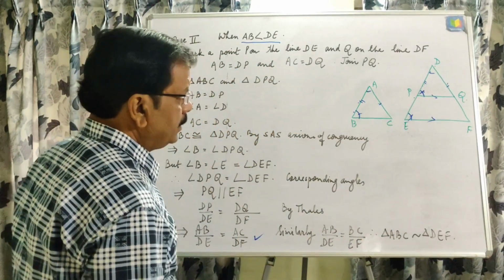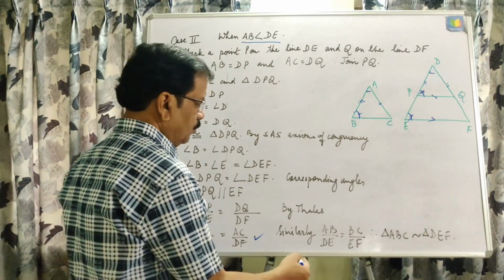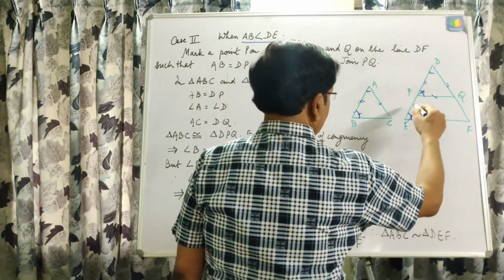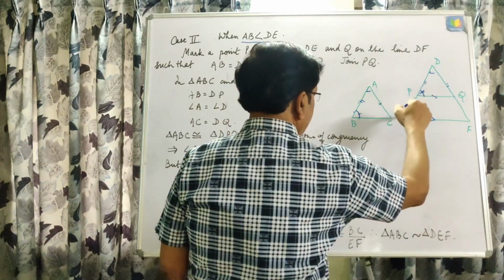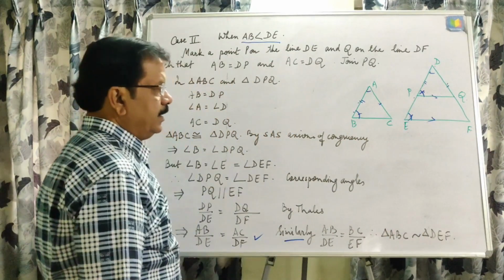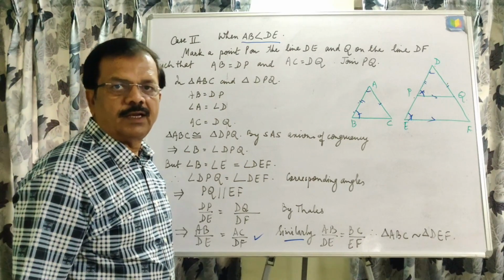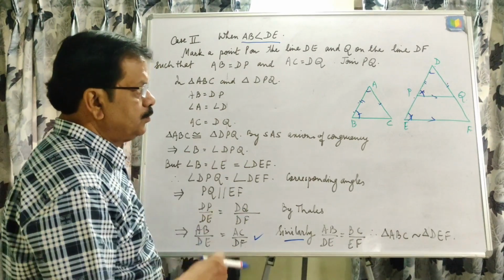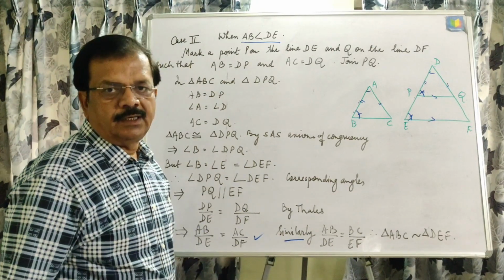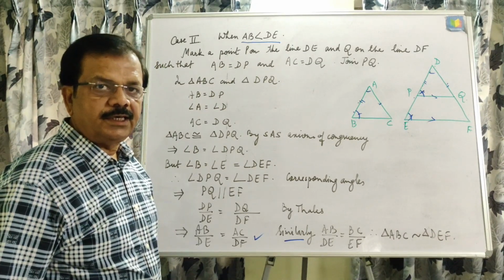Now in the same way, we can show that AB upon DE is equal to BC upon EF. That is, the ratios of their corresponding sides are equal, and so these two triangles are similar, that is triangle ABC and triangle DEF.